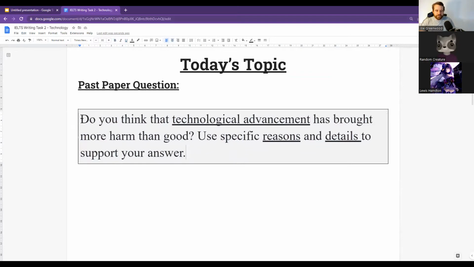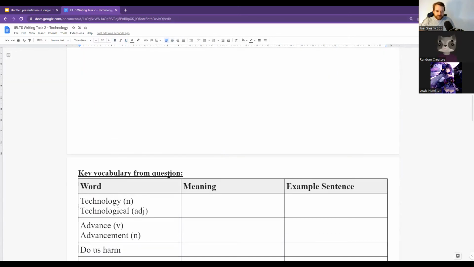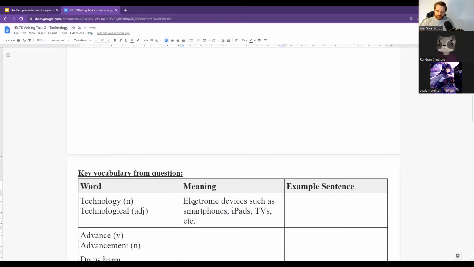So let's look at the key words from the question. So first, what is technology? Can you tell me in your own words? Can you paraphrase this? Or maybe just the word technology first. What is technology? Devices. Okay, so let's say devices such as, or electronic devices, such as smartphones, iPads, TVs, etc., computers, of course.